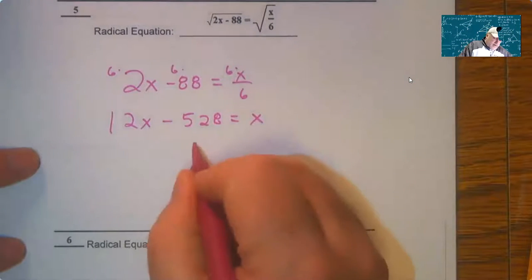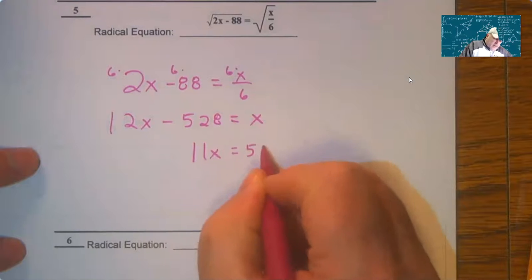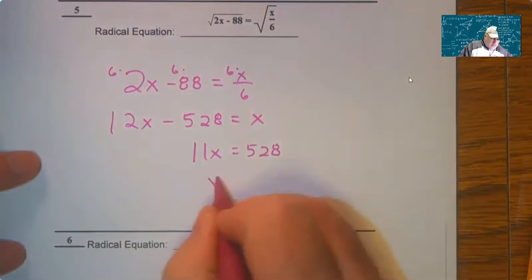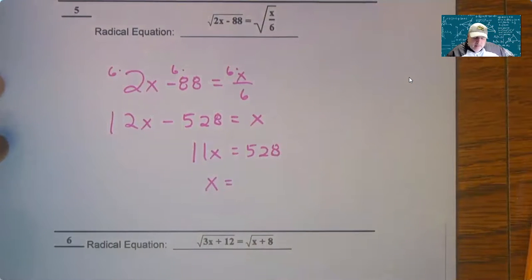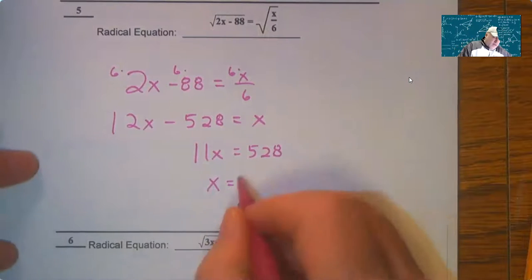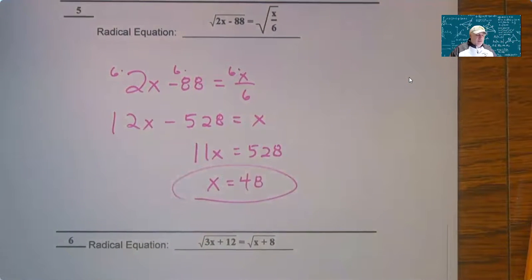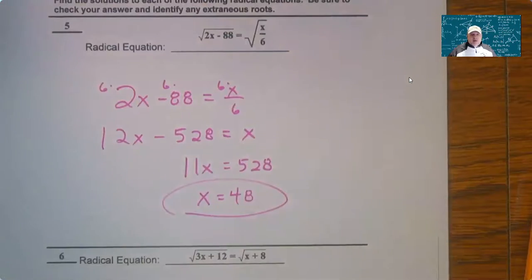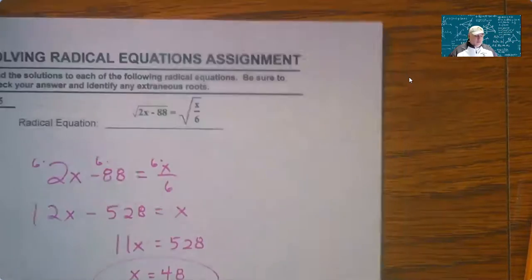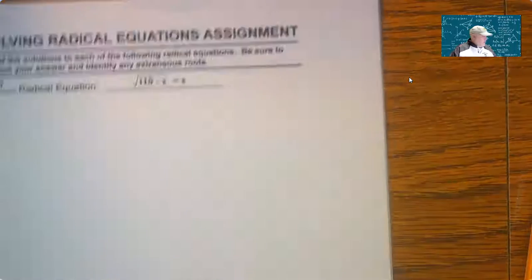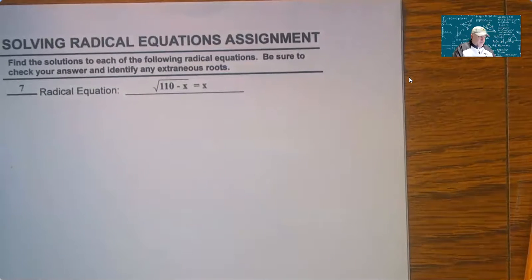So 11x equals 528, and divide by 11, and you get 48. And don't forget to check that back into both sides to make sure it works, and it does, after you come up with the solution. So on to problem 7.